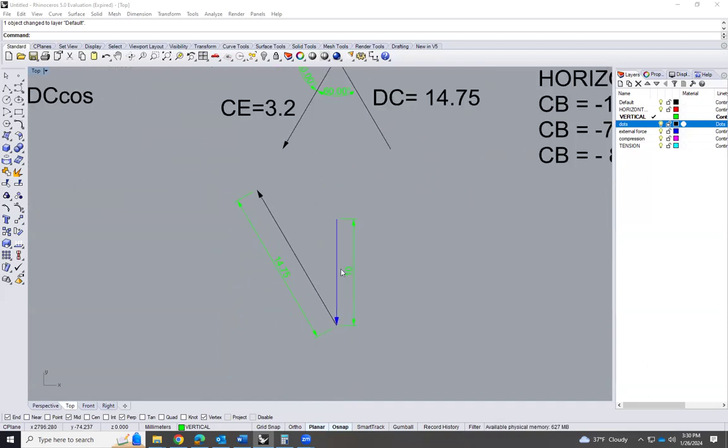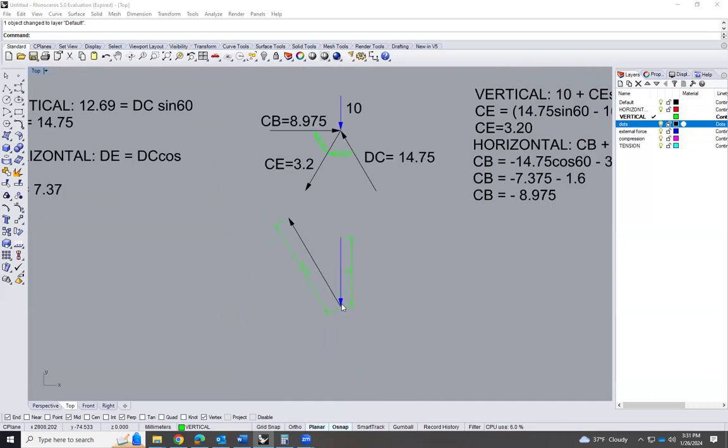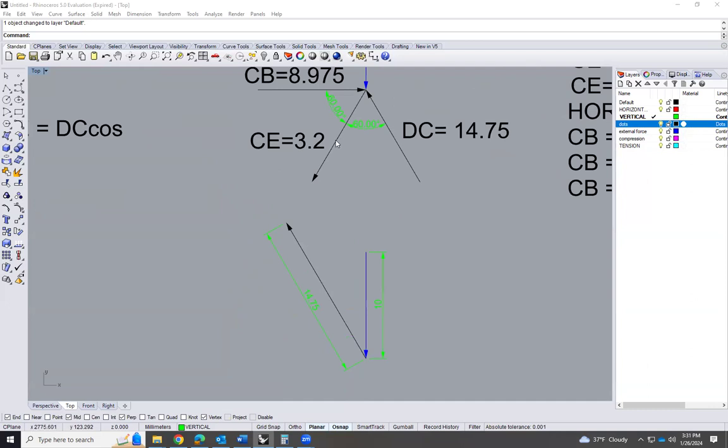Okay, so this is 10, then we go 14.75 up in this direction. And what's next? The next one will be a direction like this. And finally, there will be a horizontal force here.